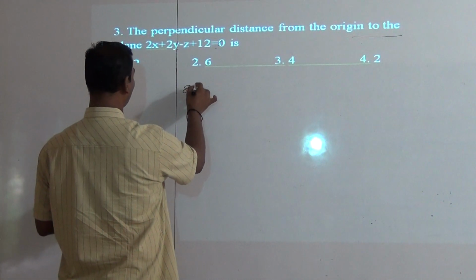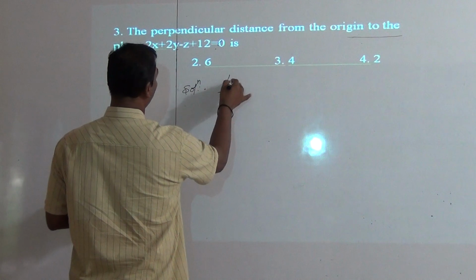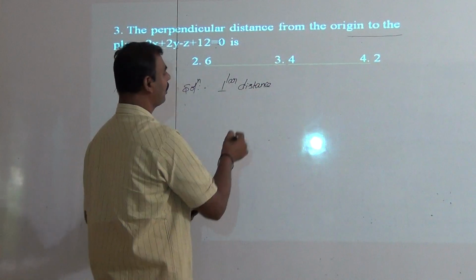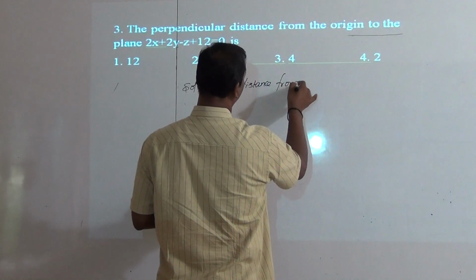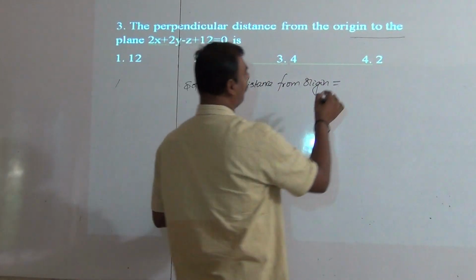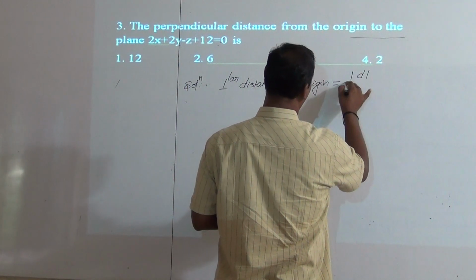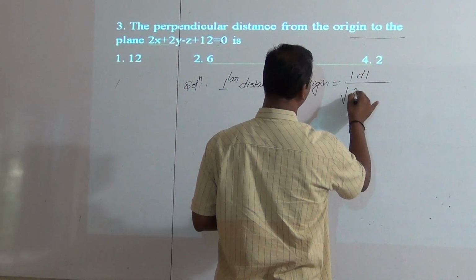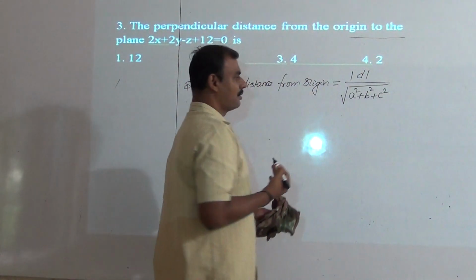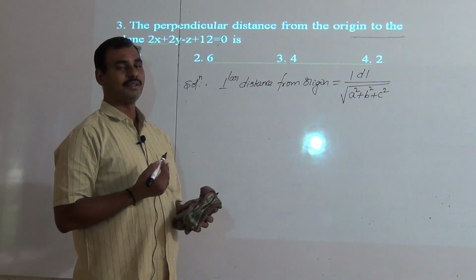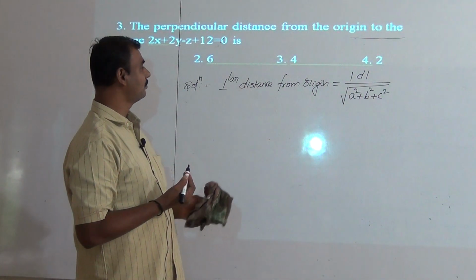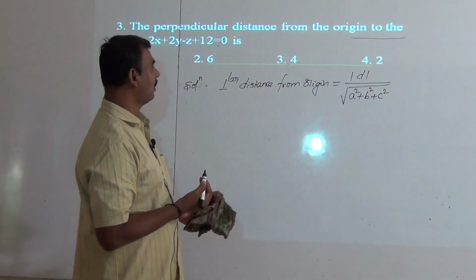Keep this formula in your mind: magnitude of d upon square root of a square plus b square plus c square. This is very important, not only in CET but also in theory.